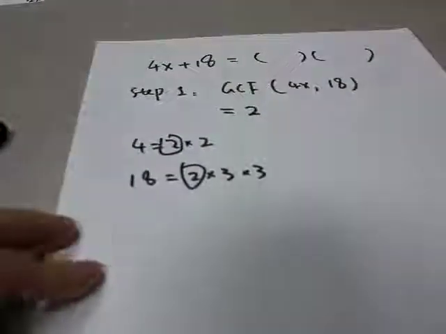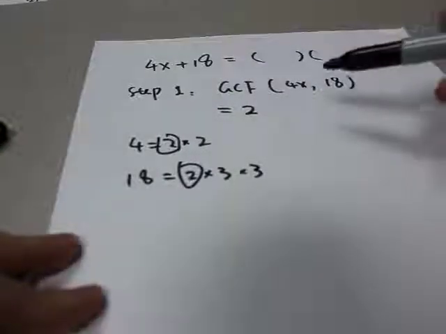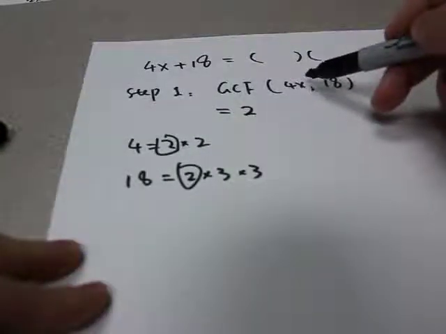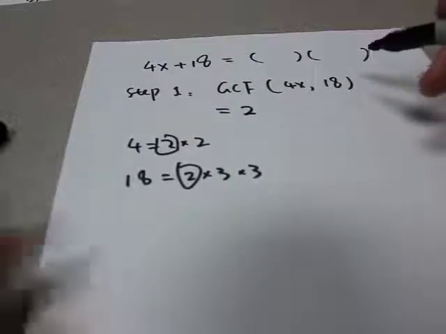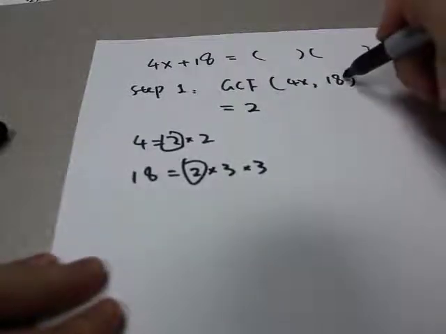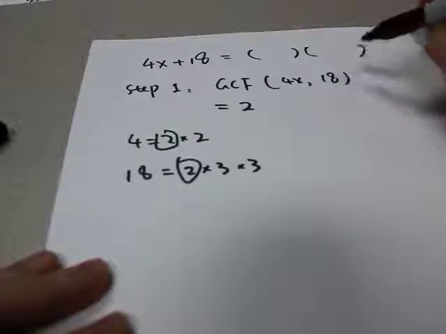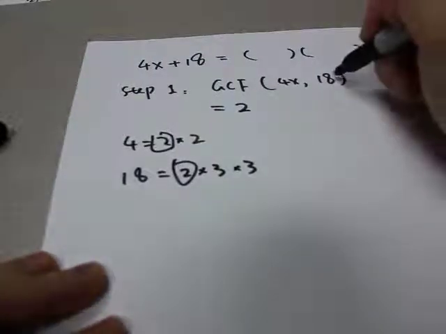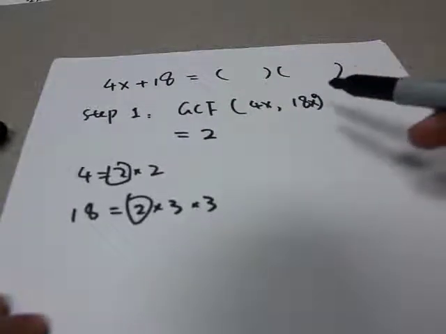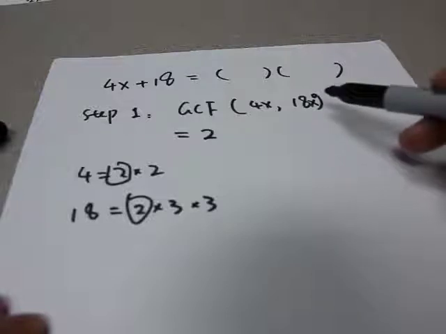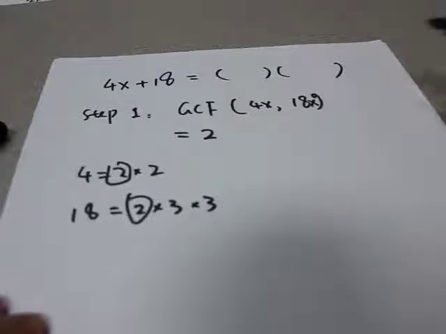Now let's do the variable part. 4x, the variable is x. Now 18 doesn't have a variable, or you can think the variable of 18 is x raised to the power of 0, right? Because we said everything except 0, when it is raised to the power of 0, the result is 1.